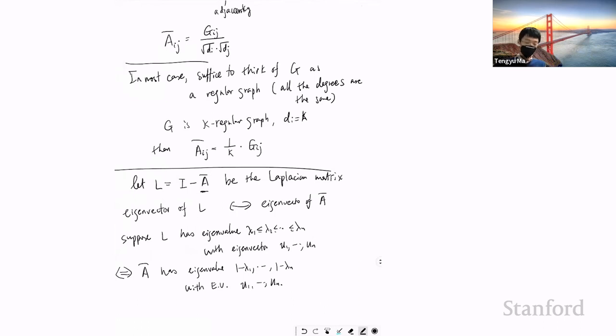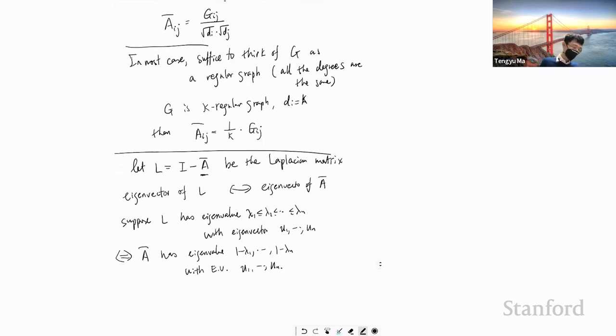So far, you don't even have to think about the Laplacian. The Laplacian will come into play at later places. But so far, you can just think of the Laplacian as a flipped version of the normalized adjacency matrix. Nothing really different. So these are a little bit abstract preparation.